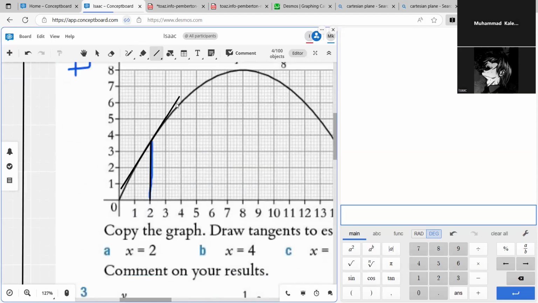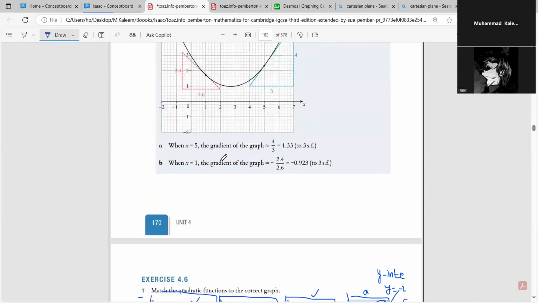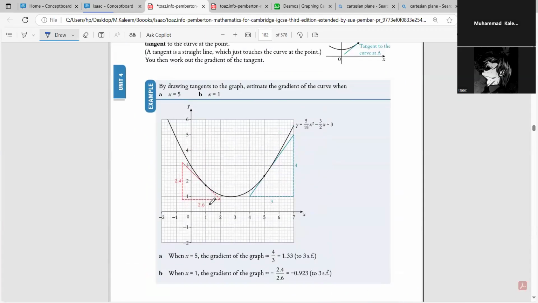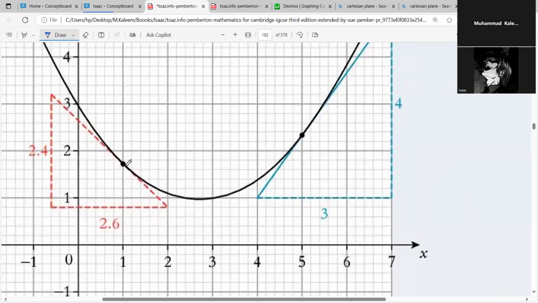Now, what you need to do is find the values. If I take this point and this point, this makes a triangle. Here you can see the example first, so it will make more sense. We mark a line like this, and then find the gradient of this line.